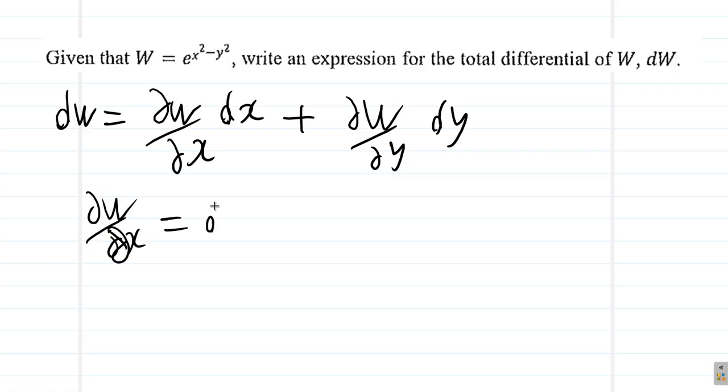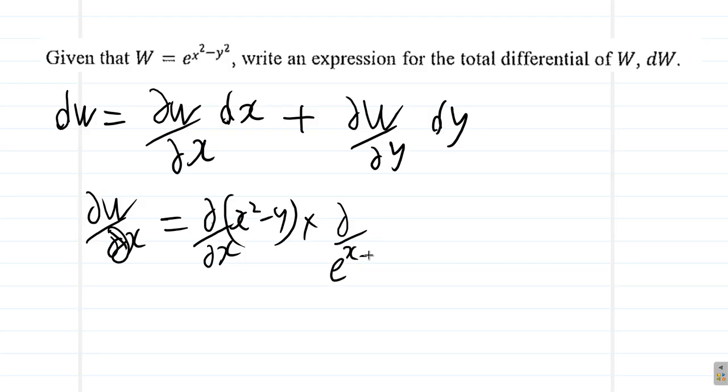So you're going to find the partial with respect to x of x squared minus y squared, multiplied by the partial with respect to x squared minus y squared of e to the x squared minus y squared.